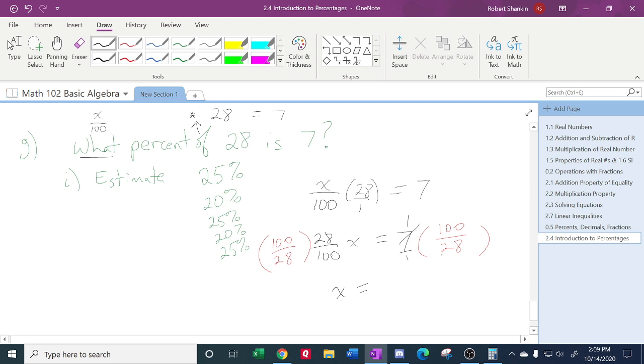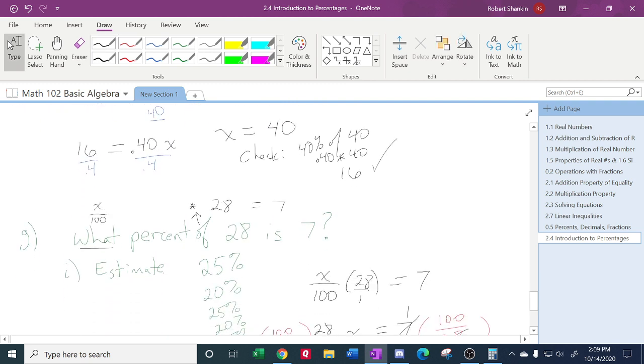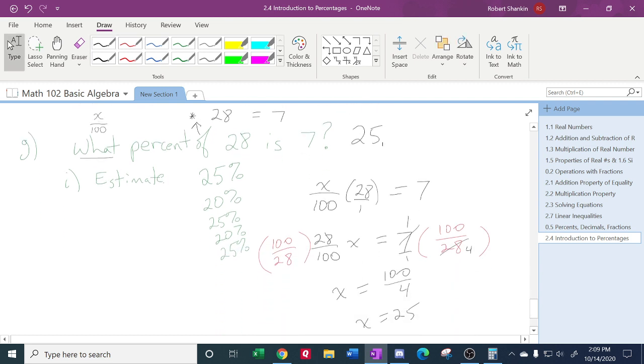Divide by 7, divide by 7, you get 4. So you get 100 over 4, or x is 25. So the answer is, what percent of 28 is 7? 25, or 25%, as we came up by the solution process.